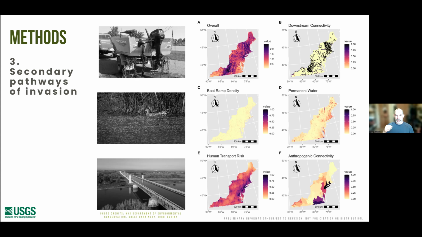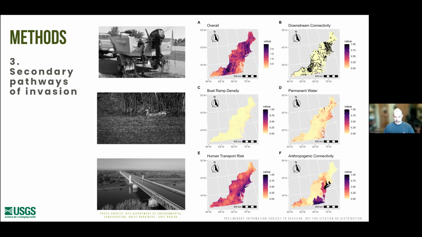So we're looking at actual observations, saying, if we have a species in a headwaters, where downstream might that species become a problem as well? And so obviously the more observations we have for a species within the Northeast, the more information we have about how it already has the potential to move downstream.